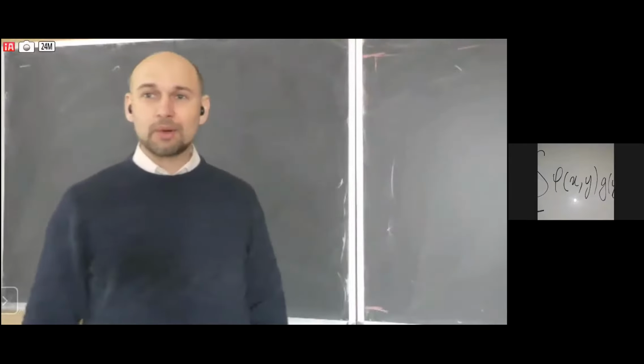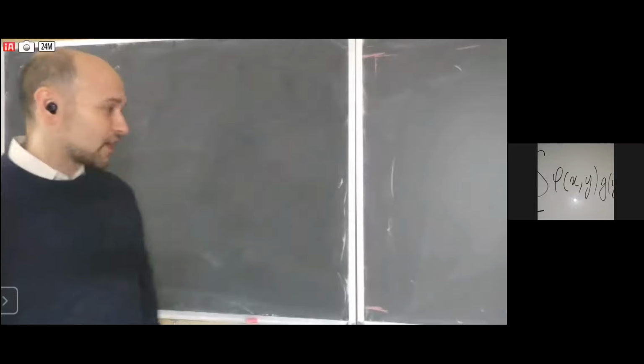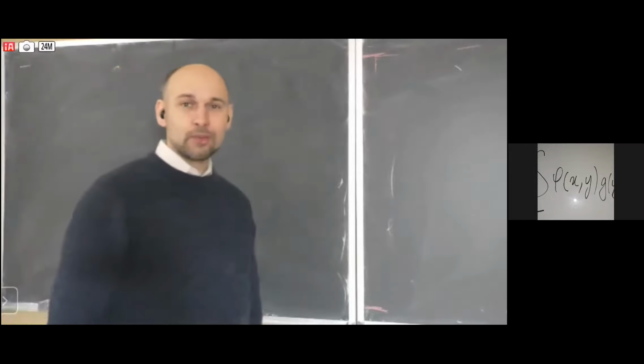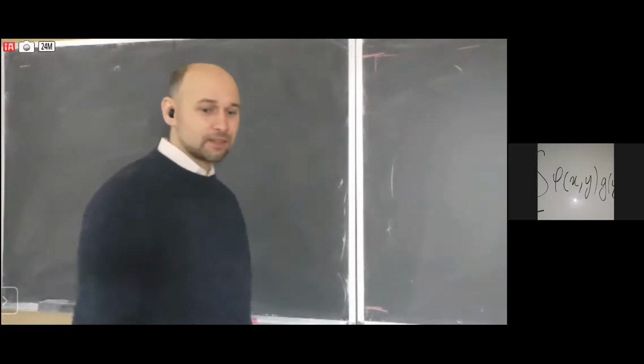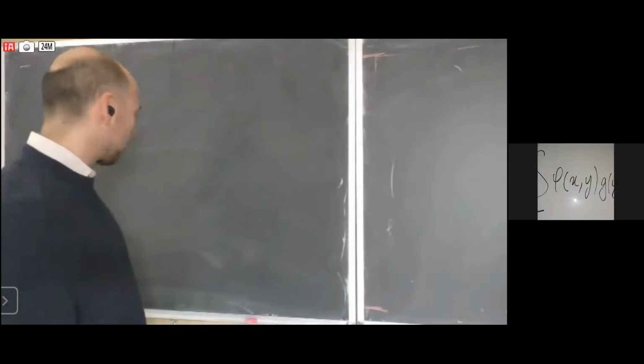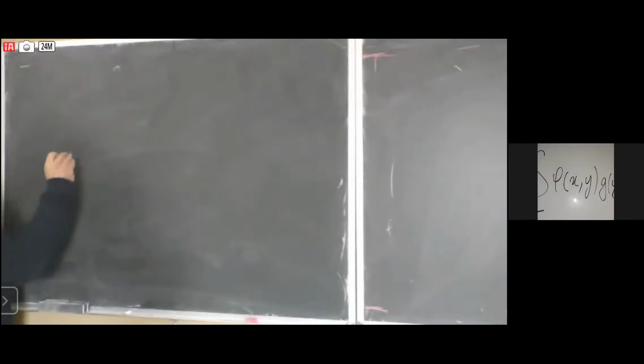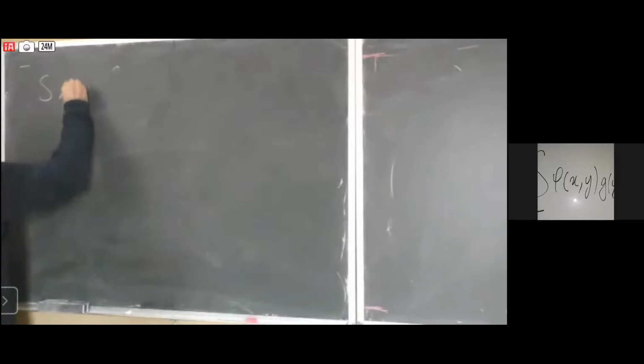So, all right. One of the students gave the good answer during the exercise, so I can do it quickly. I'm just writing what the student said. We are considering this quantity.